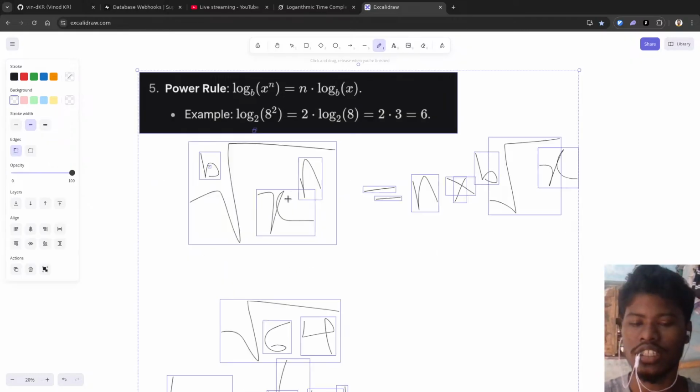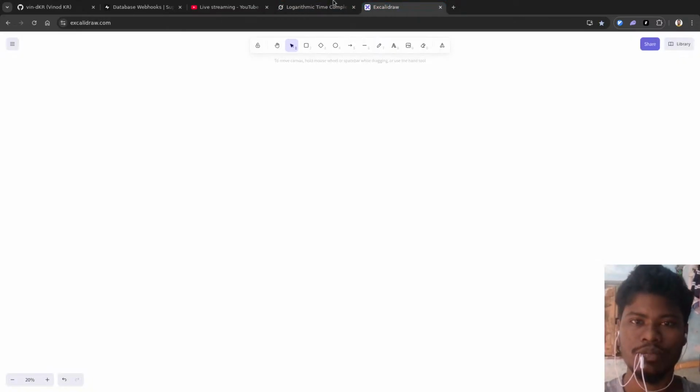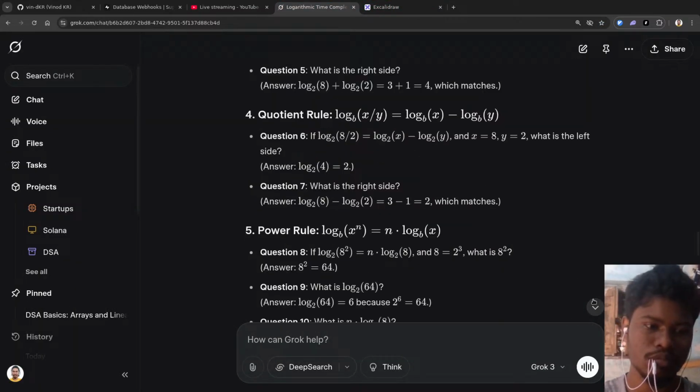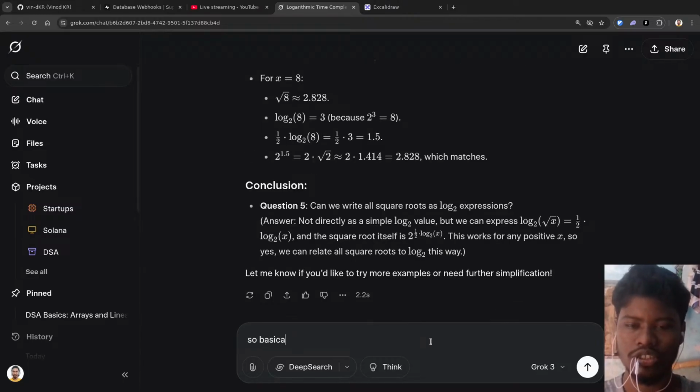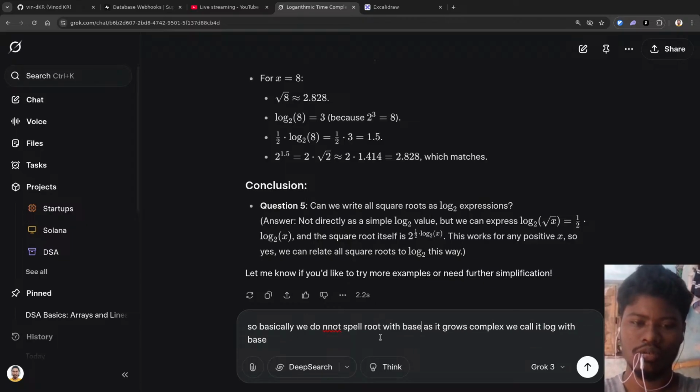As it grows complex, we do not spell root, we call it log. It is this.